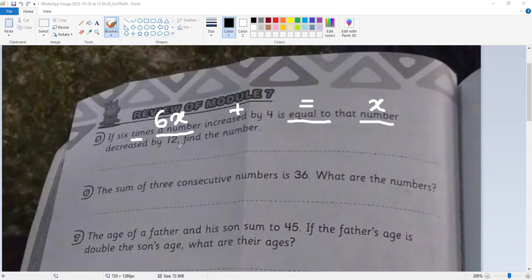Okay, it's now time for us to connect the equation. Begin with 6X. So I have 6X plus 4 equals what? X minus 12. Now I have an equation. So what that means is that I'm going to collect like terms. The smaller will always go to meet the bigger, just like a younger person will go and meet the older person.